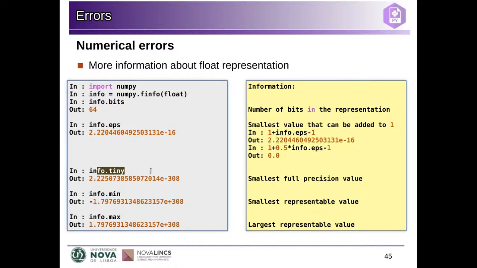So you can see what is the smallest value that you can store with full precision, the one closest to 0. So it's 10 raised to minus 308, around that. And then the smallest and the largest numbers that you can represent, so about 10 to the power of 308. This is usually enough for most operations.